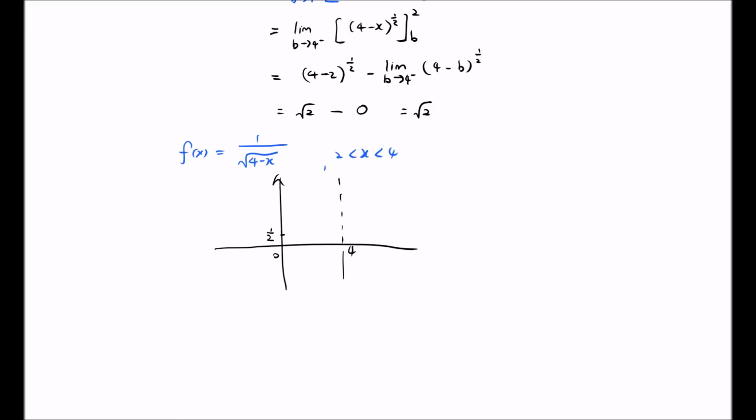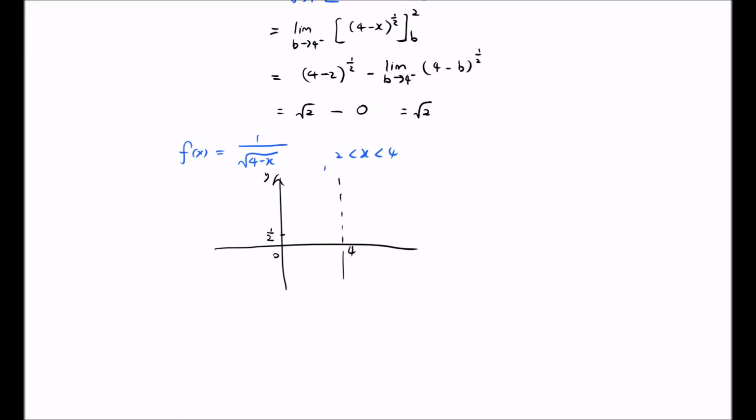As the x value increases, when you include 1 over square root 3, 1 over square root 3 is still greater than half. Let's try 1 divided by square root 3.